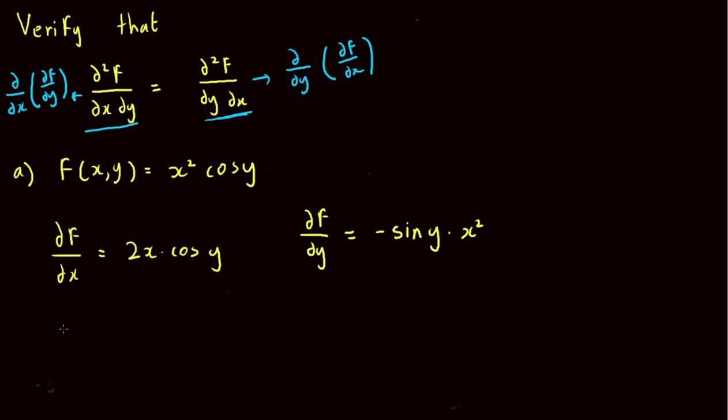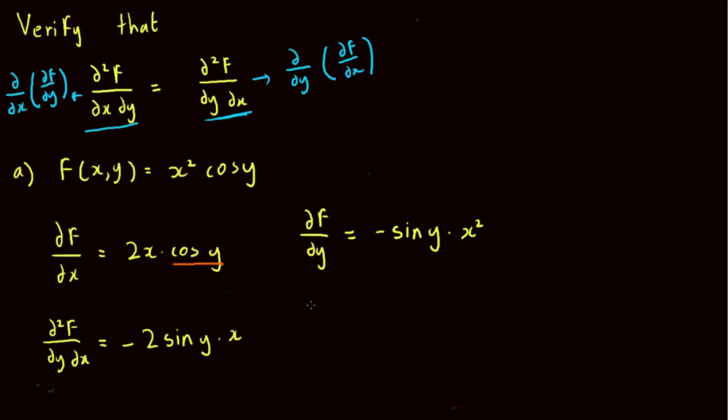When we find del square f del y del x, we're differentiating with respect to y here. So in this case we'll be interested in the cos, let me mark in orange, so it becomes negative 2 sine y times x.